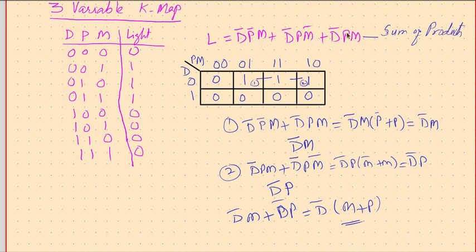So there are products and they are summed up, and they are also called min terms, represented by small m.